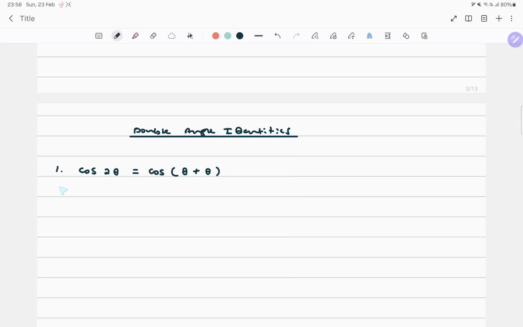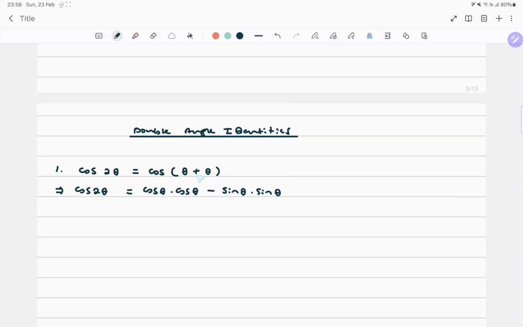So we will see that essentially this implies that cos 2 theta is equal to cos of the first angle theta times cos of the second angle theta. Then the sign changes to minus, right? The sine of the first angle times the sine of the second angle.